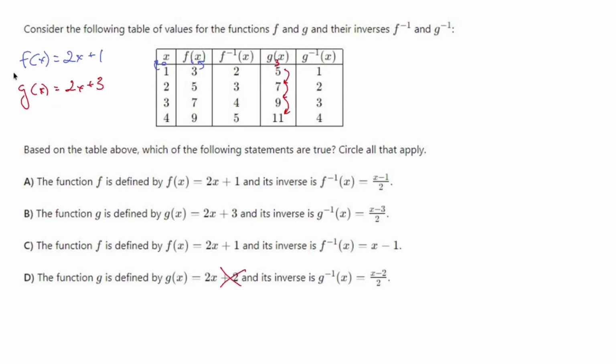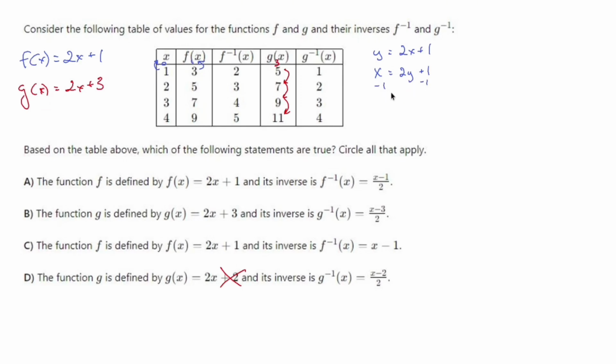Okay, so now use that information to find out what f inverse of x is and g inverse of x is. So I'm going to do that by replacing, for f of x first, y with f of x, so y equals 2x plus 1. Now swap the x and the y to make it x equals 2y plus 1. Solve for your new y.